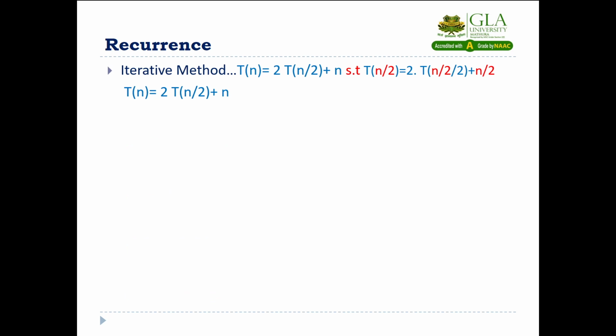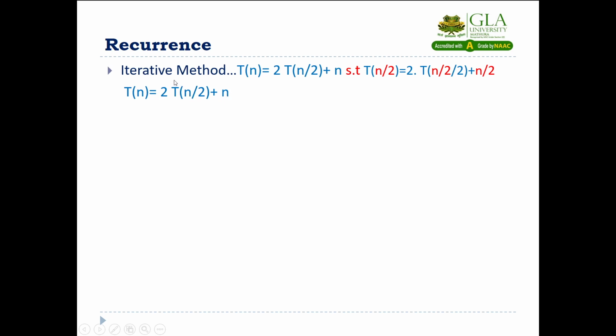Now we don't know what the sequence will be to expand this recurrence. So first we will iterate one time, two times, three times, and we will try to find out the general sequence of this recurrence. So T(n) is expanded equal to 2 into T(n/2) plus n.